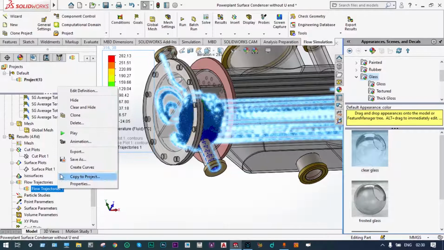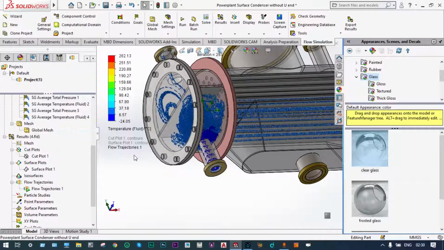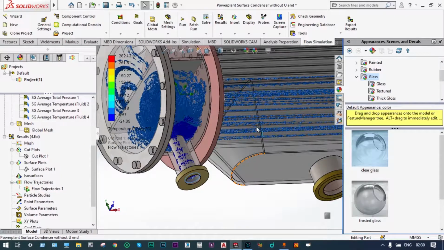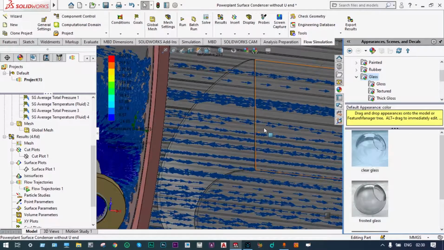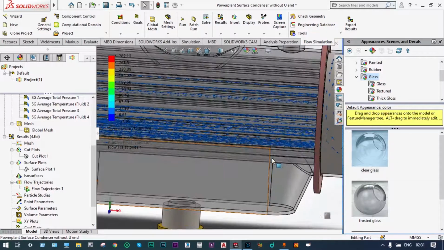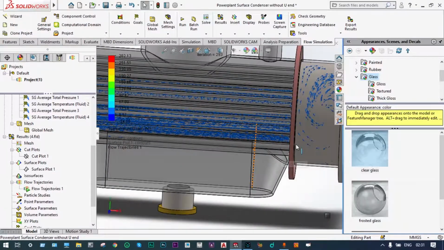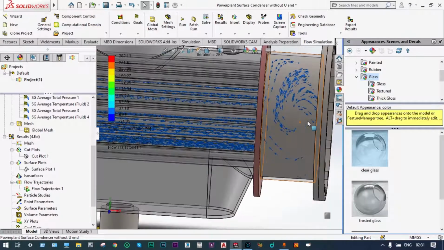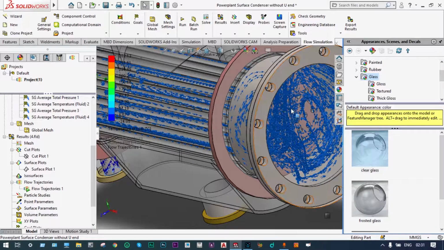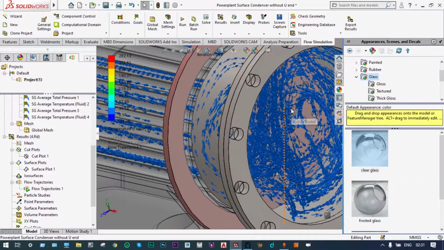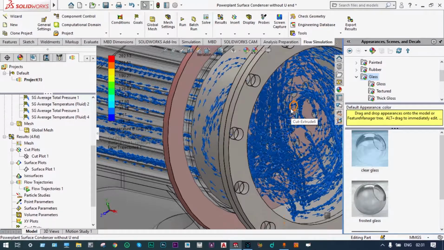Flow trajectories, play. You see how this cold water is passing through these small tubes. You can see at this location some kind of circulation is there. Water particles are being gathered at this location. Too much concentration of water particles at this location.